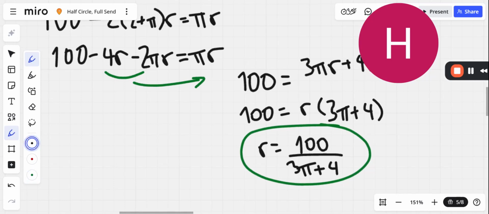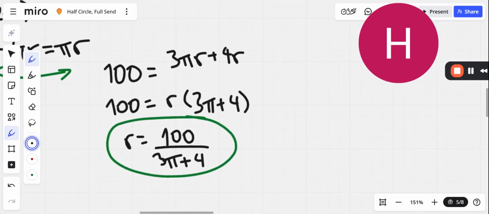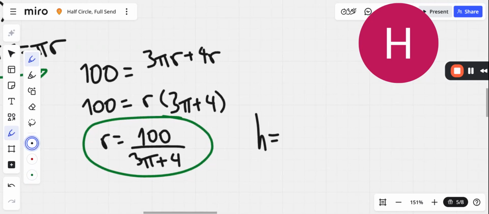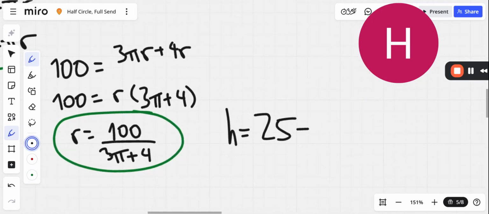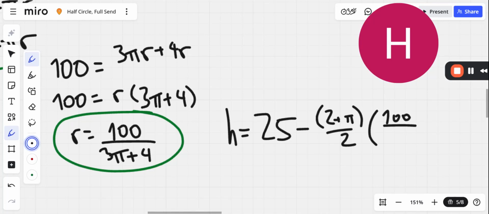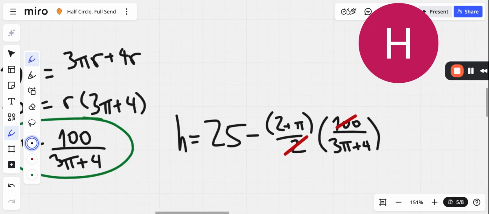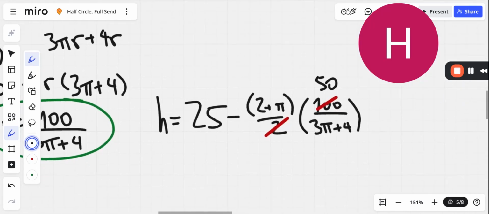Very interesting there. Now, if that's the case, what is our h value? Our h value, using the r that we just found, is going to look like this. So let's go ahead and cancel 100 over 2. That gives us 50.